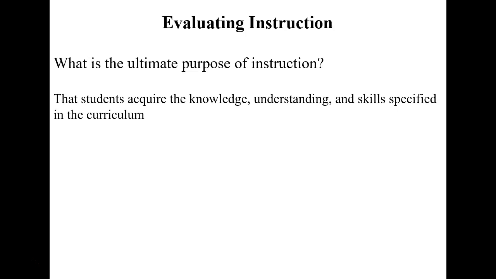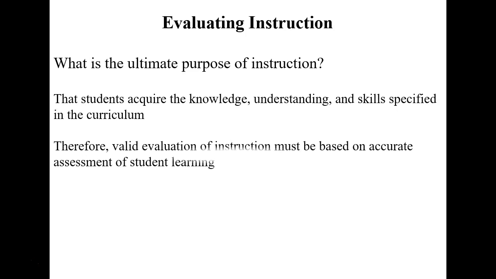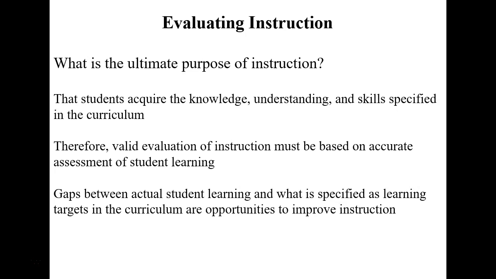So if we're really going to accurately evaluate instruction, it's got to be taking a look at the extent to which students actually did acquire the knowledge, understanding, and skills specified. So evaluation must be based on accurate assessment of student learning, and then we take a look at the gaps between actual student learning and what is specified as learning targets in the curriculum.